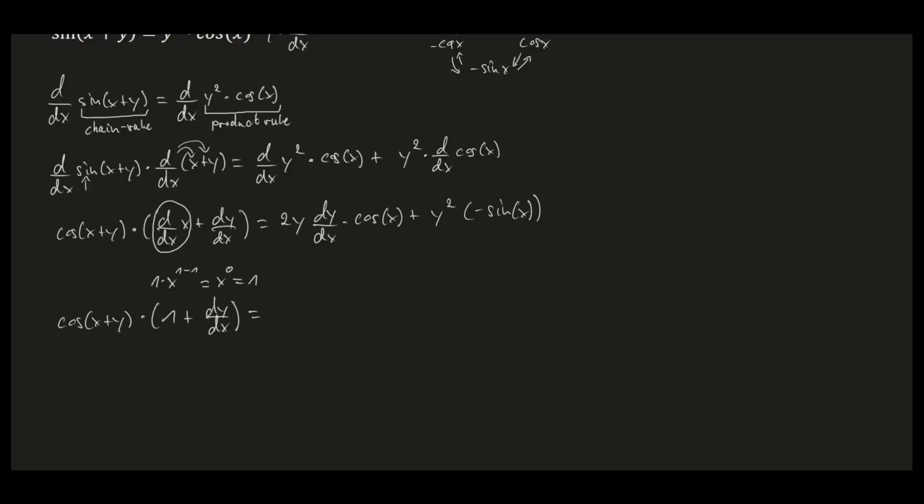This is equal to 2y dy over dx times cosine of x. I can bring here this minus sign in front of this y here. So we will get minus y squared times sine of x.